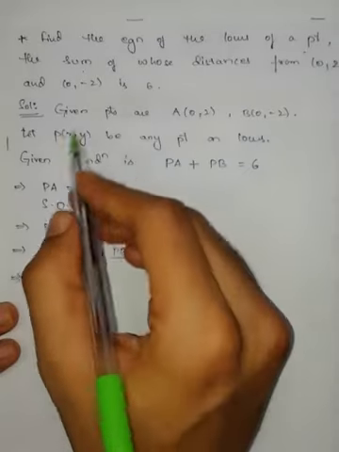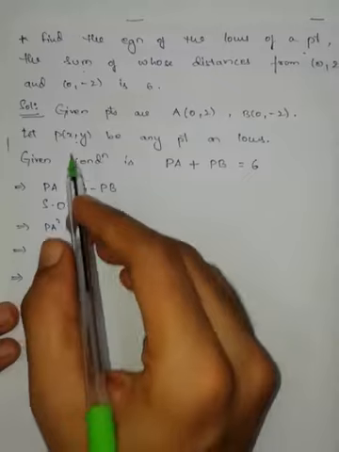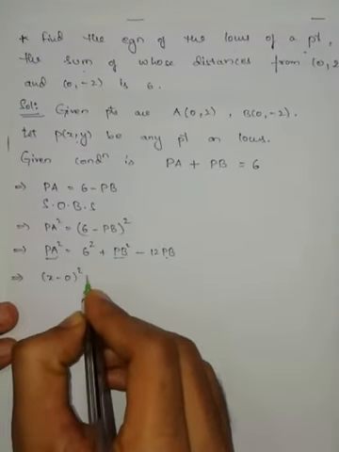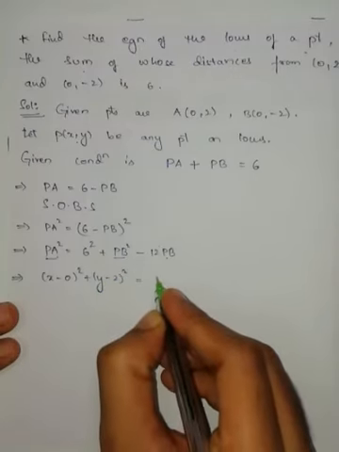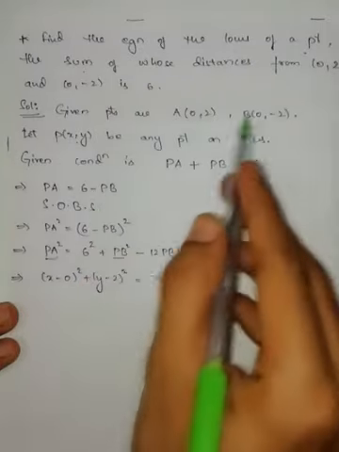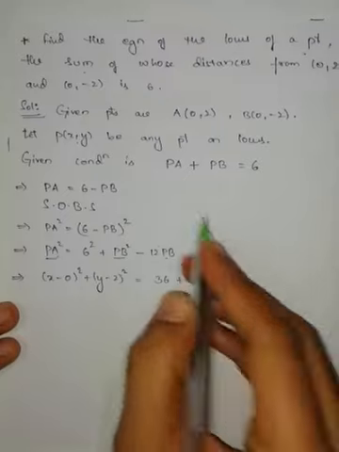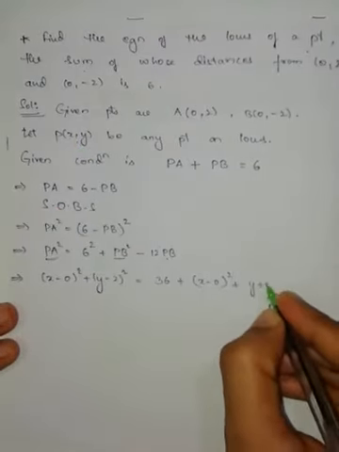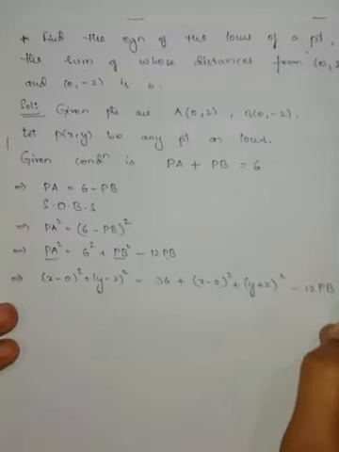PA, distance between P and A, under root and square get cancelled: (x minus 0) whole square plus (y minus 2) whole square is equal to 36 plus now PB square, distance between P and B, (x minus 0) whole square plus (y minus of minus 2, that is y plus 2) whole square minus 12 PB.